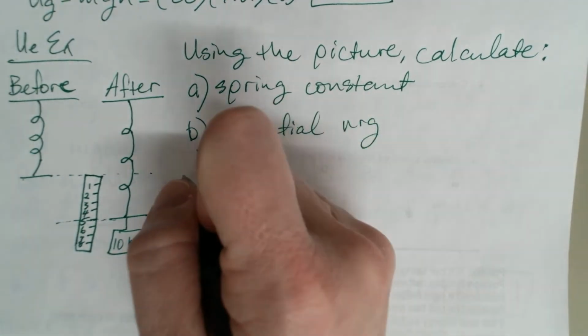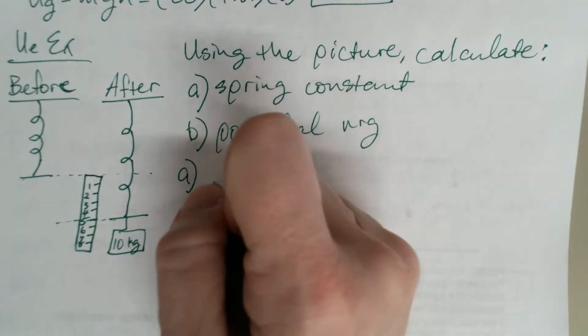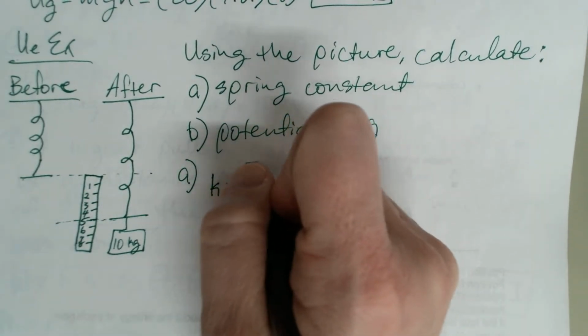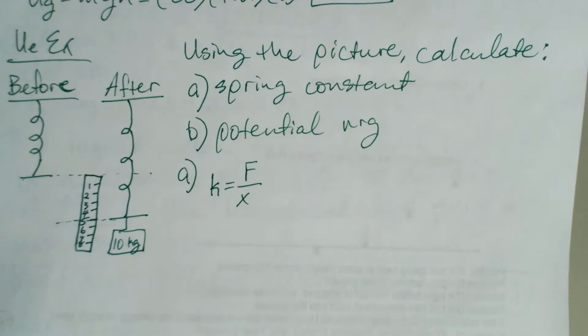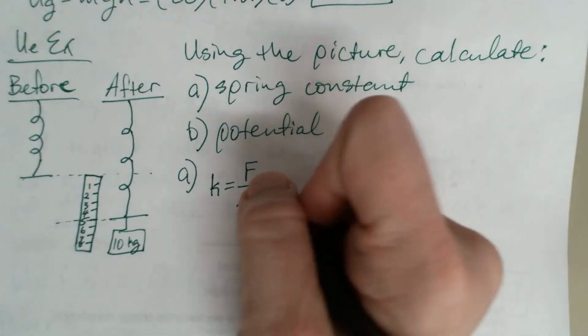Well, to calculate the spring constant, I'm going to have to use Hooke's law. Hooke's law is k equals F over x. Now, F, in this case, because it's hanging vertically, is attributed to gravity. So what F am I going to use? FG. Yeah, I'm going to use FG right here.